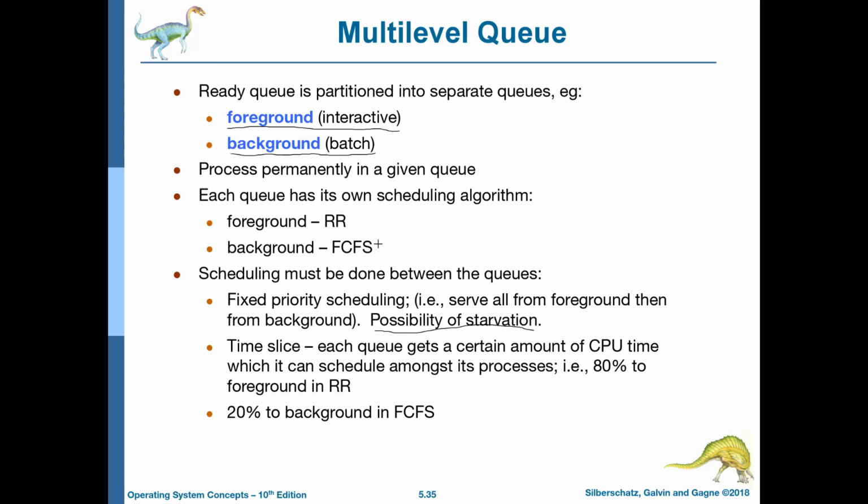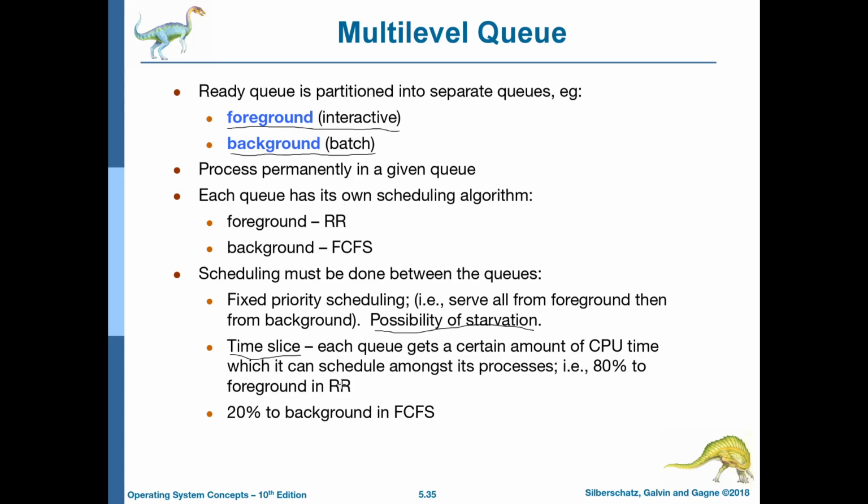Now, there is a way in multi-level queues to actually give each queue a certain amount of time, kind of like a round robin scheduler for the multi-level queue. In this case, we assign a time slice. So perhaps the foreground processes get 80% of the CPU time, and then 20% for the background.